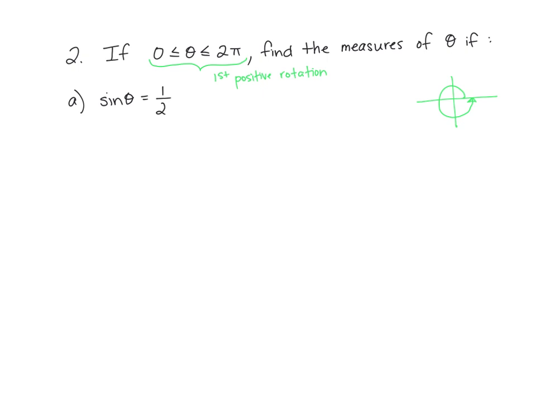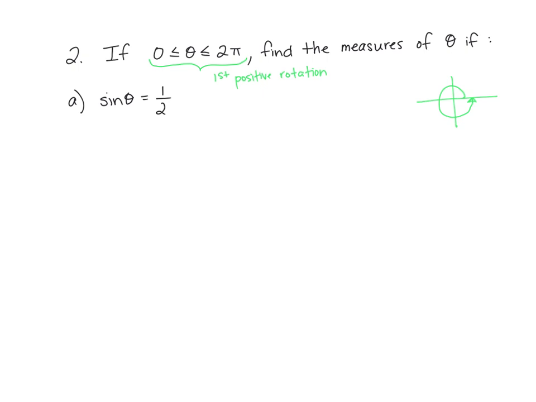Okay, so that's what we're thinking about here. So if I have one positive rotation, what are the angles that when I take sine of those angles, I get a ratio of 1/2? So that's what we're looking at here.